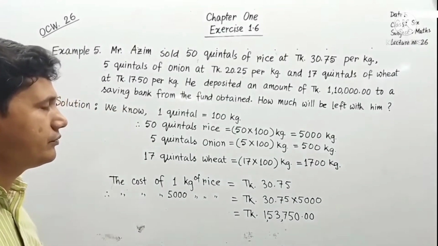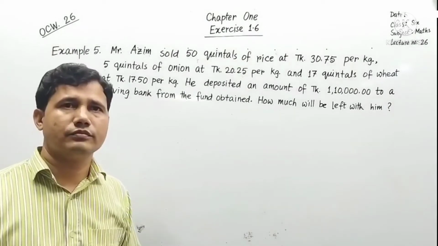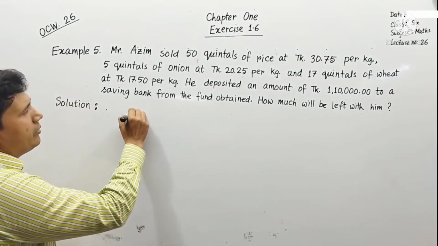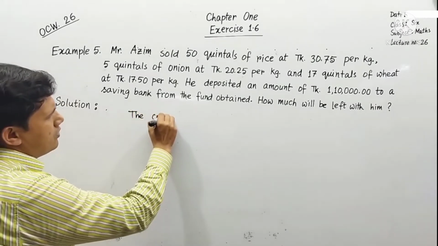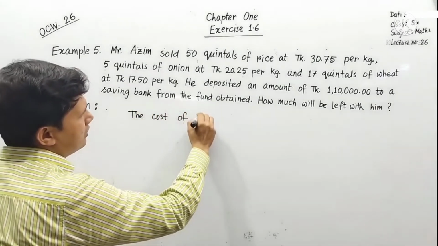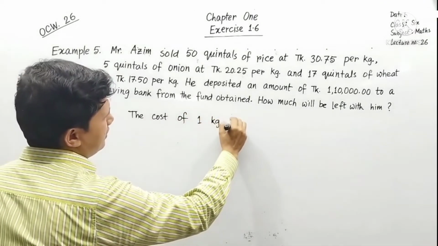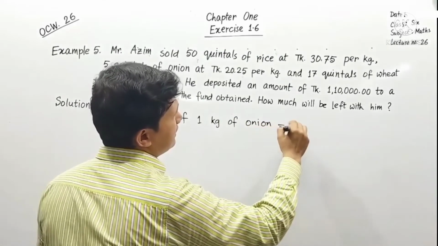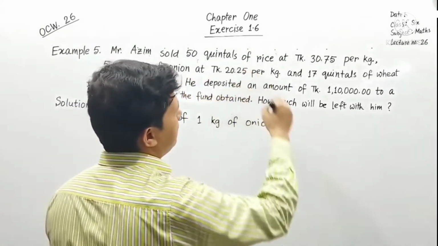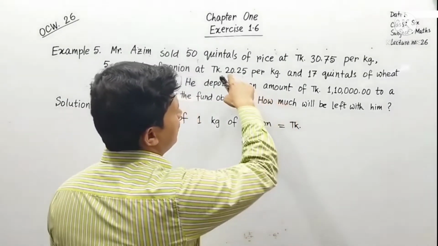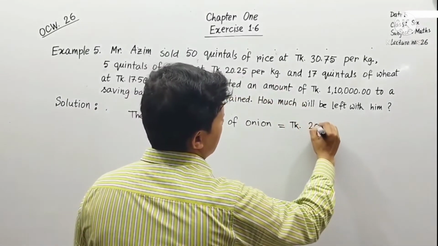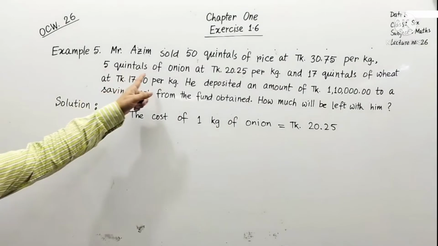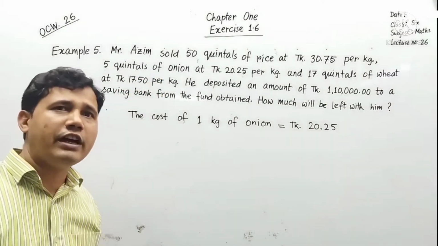Then now the cost of the remaining part. The cost of 1 kg of onion is taka 20.25. 5 quintals of onion, that means 500 kg.